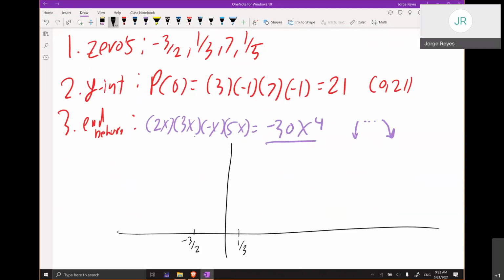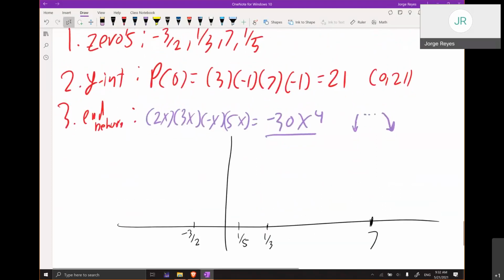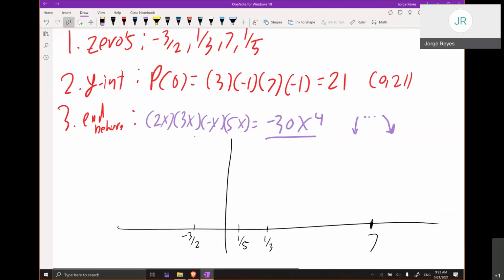Except no, because 1/5 is smaller than 1/3. So 1/5 goes there. 1/3 goes there, and 7 I'm gonna put way over here. Okay. And the y-intercept is 21. So I'm gonna put that way up there. Okay. Put some dots.